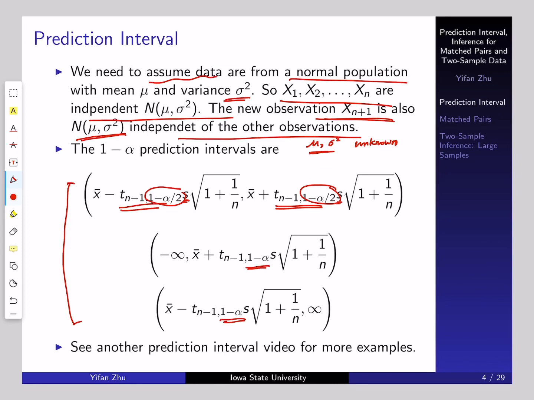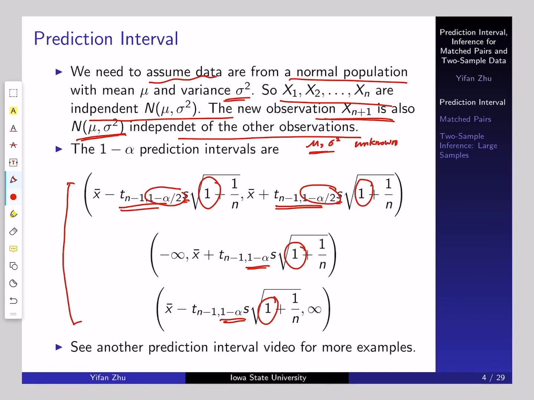The difference between the confidence interval and the prediction interval is that we have a 1 in the square root.